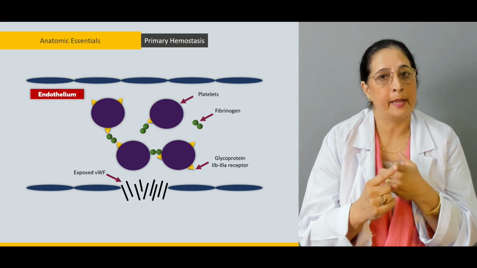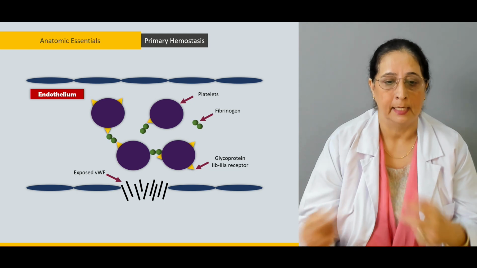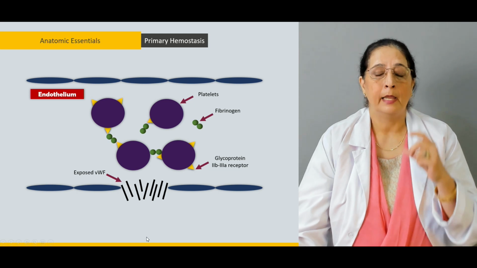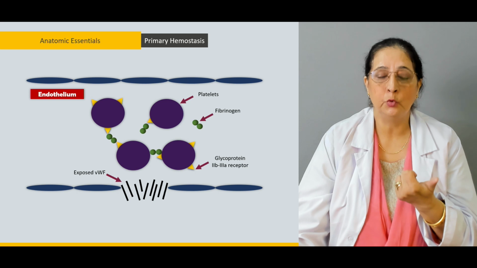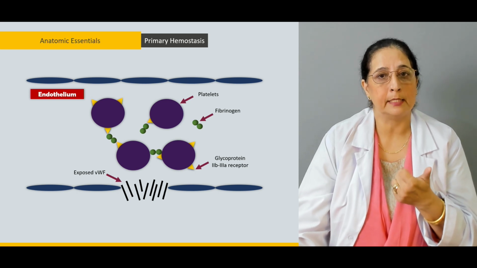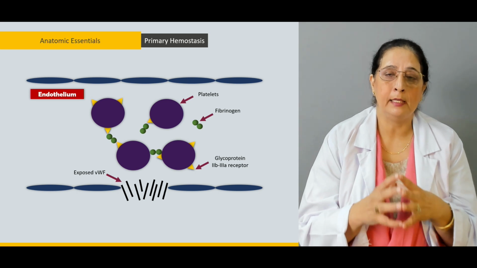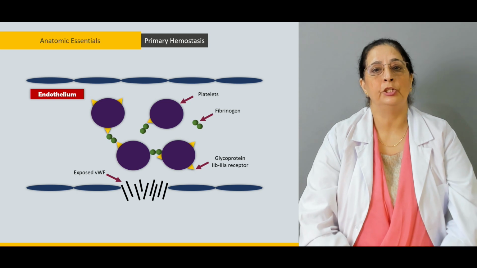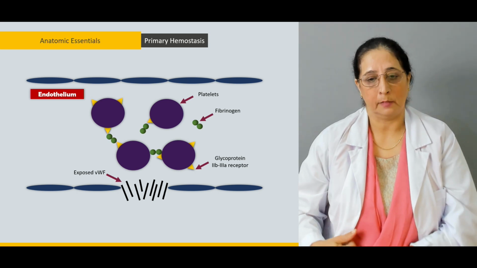One is fibrinogen, then we have von Willebrand factor. This is the von Willebrand factor, and then we have on the surface the glycoprotein 2B and 3A receptor. Along with the fibrinogen and the von Willebrand factor, it leads to the formation of the platelet plug or the blood clot.